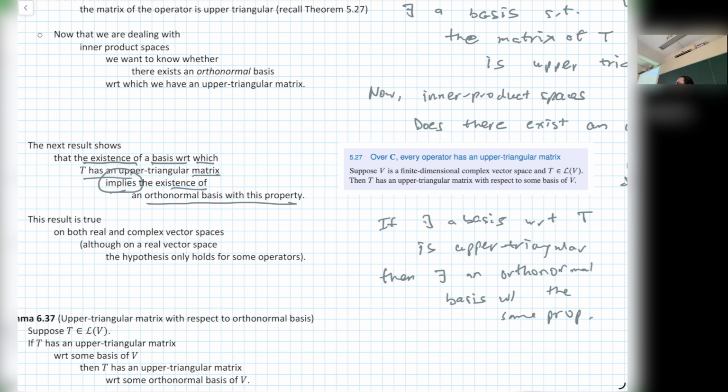Combined with the previous result, we get the statement that for every operator T, one can find an orthonormal basis in which it has this upper triangular form. Is the overall argument fine?